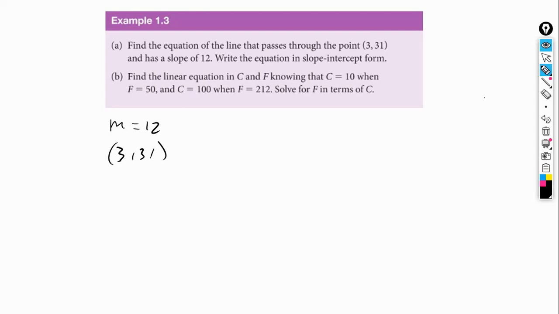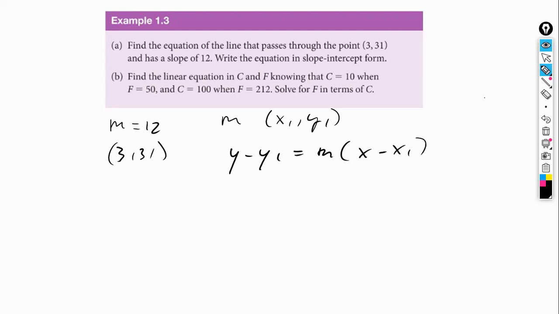Now the point slope formula says that if you have a slope m and a point x1, y1 on the line we're finding the equation of, we can write the equation as y minus y1 is equal to m times x minus x1.